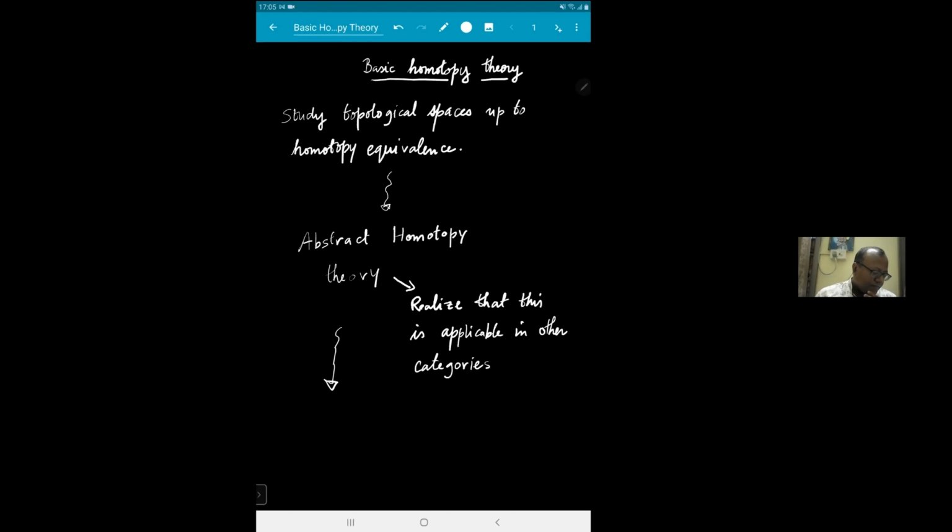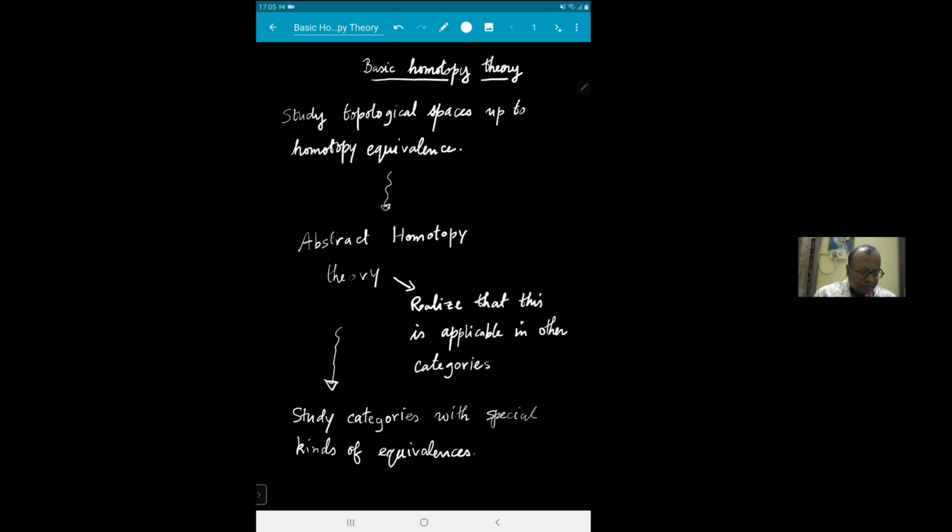I mean, you can use these tools to study categories with special kinds of equivalences.